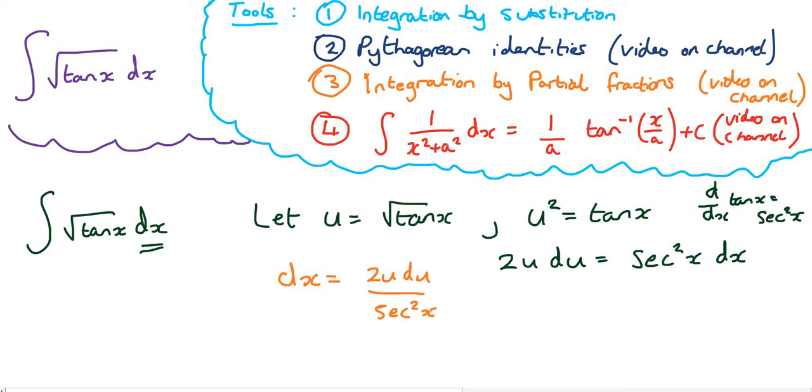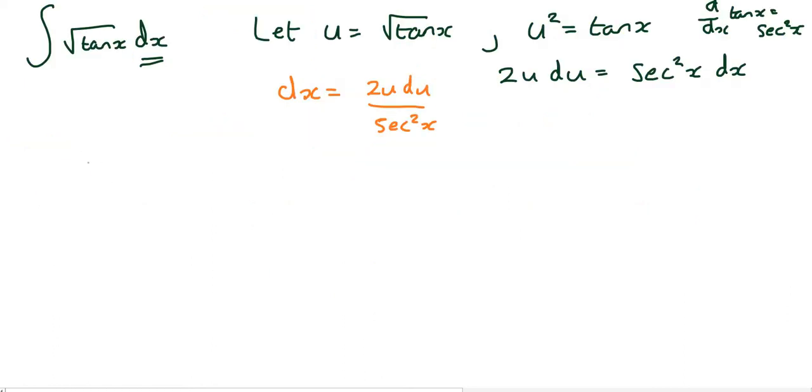Good. But now our term for dx still has something involving x in it, so we need to fix that. How are we going to fix that? This is where knowing the Pythagorean identities comes in handy. We know that 1 plus tan squared x equals sec squared x.